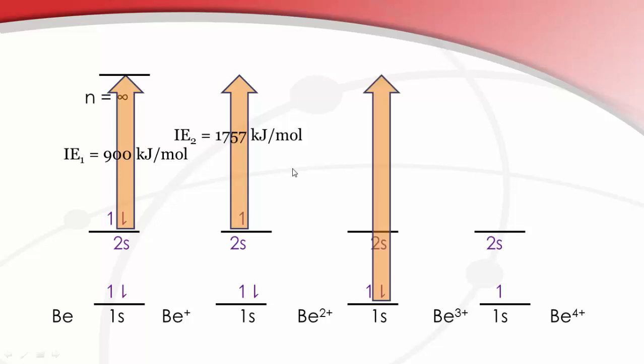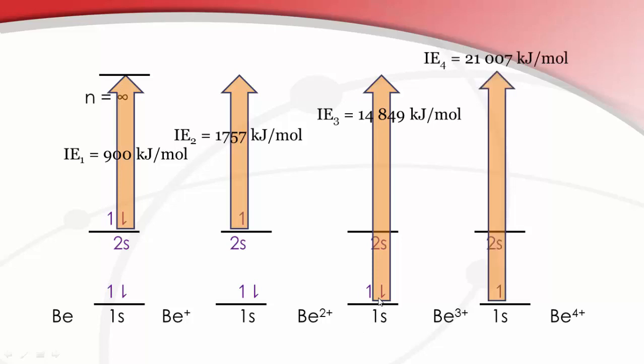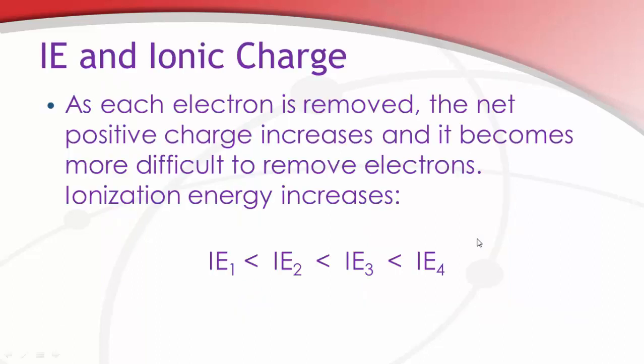But something interesting happens when we move to the third ionization energy. When we do this, the increase is approximately 10 times. So this third electron is held much more tightly than the others. And then the next electron, to kick it off, is a small percentage increase from the third electron.